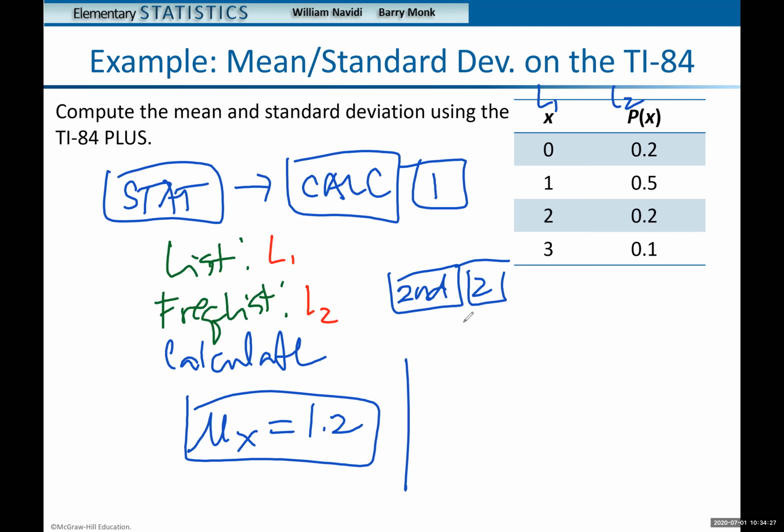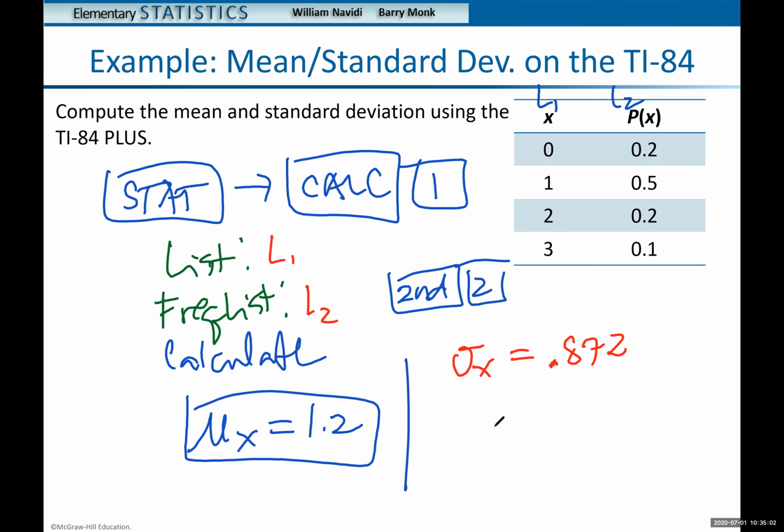And the standard deviation, what is the standard deviation? 0.872. 0.87. Get this?